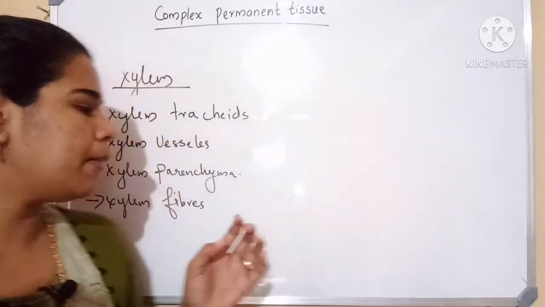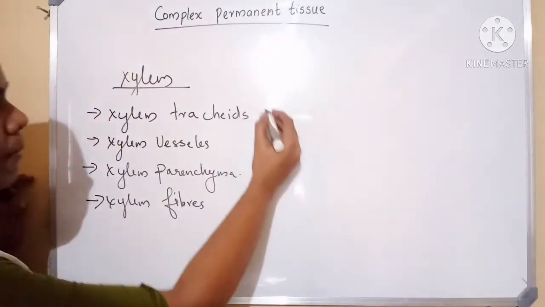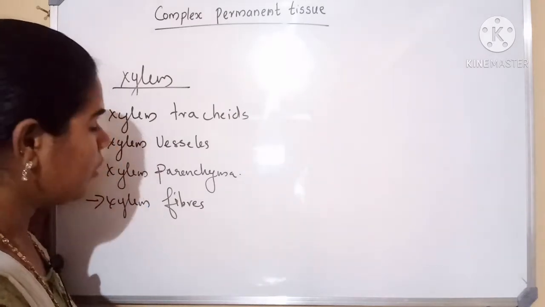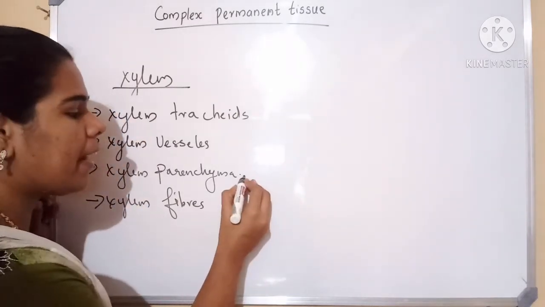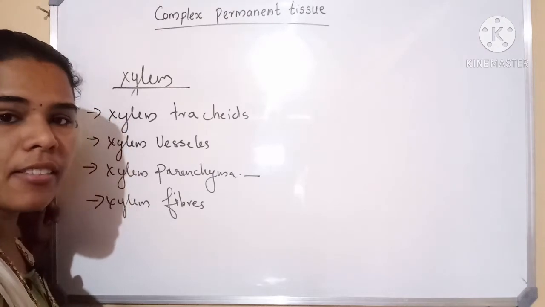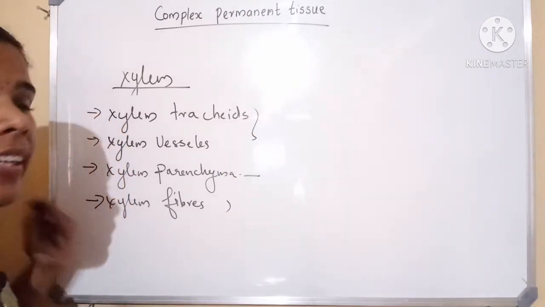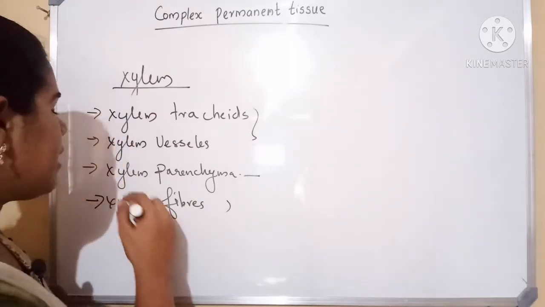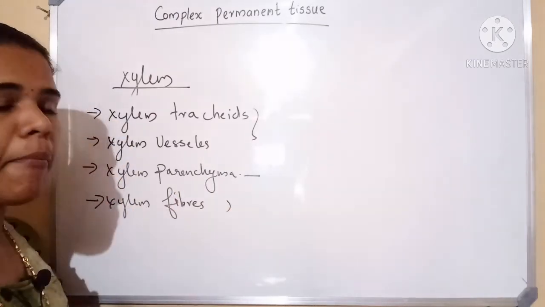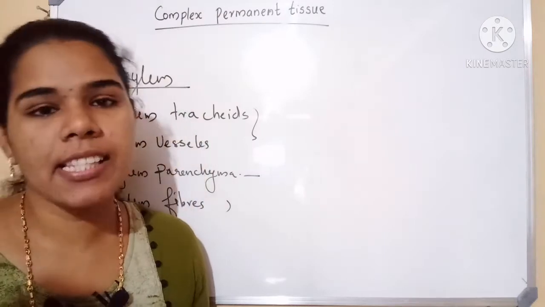The majority of the xylem elements are dead. Only the parenchyma is a living cell. The remaining 3 are dead cells, but in the case of xylem parenchyma, only living cells.